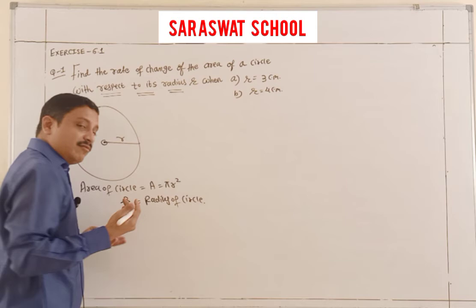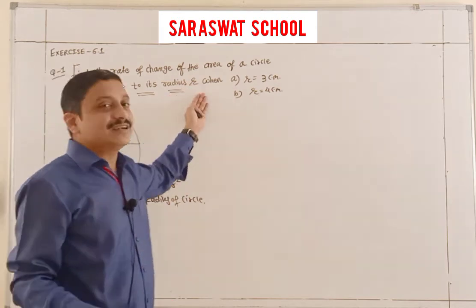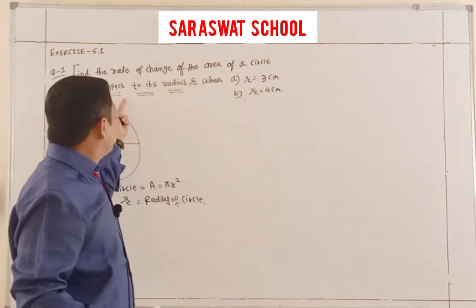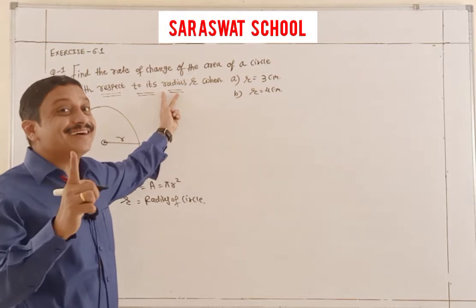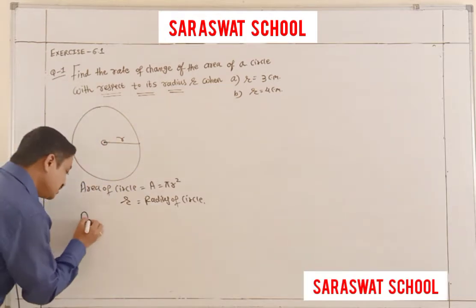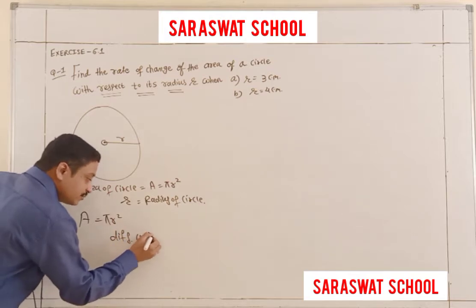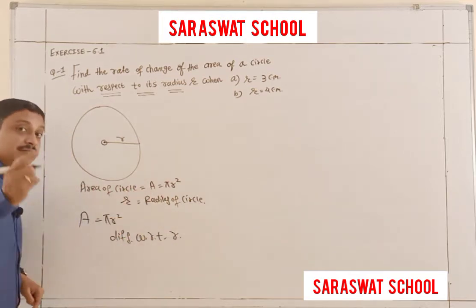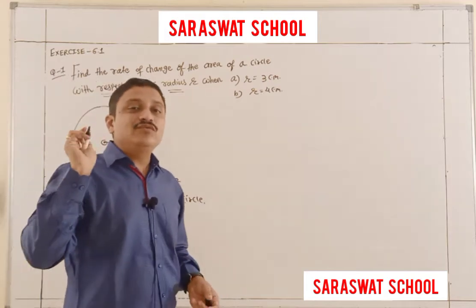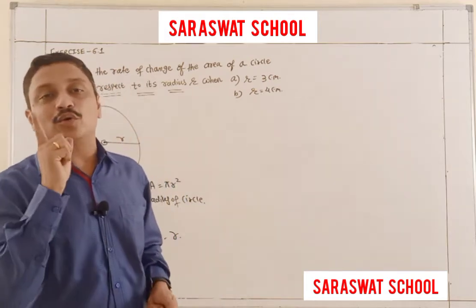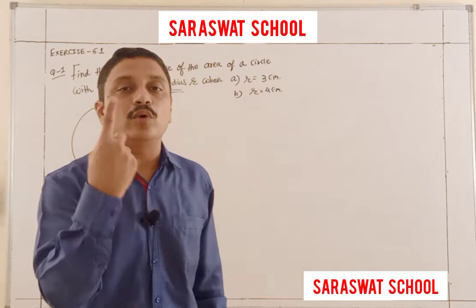That is given. Now I start the derivative with respect to radius. So A is pi r square, and differentiate with respect to r. This is the main point: read the question one, two times.